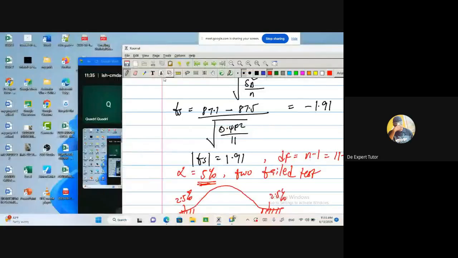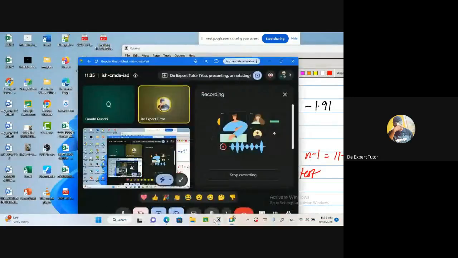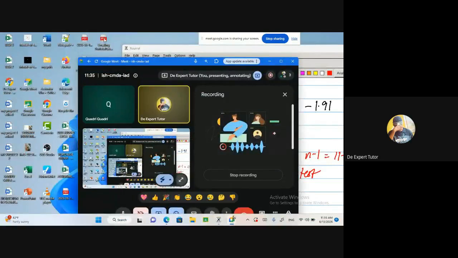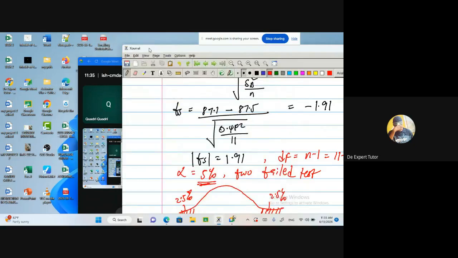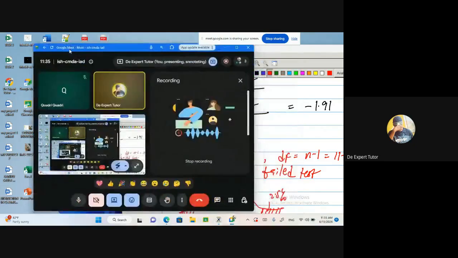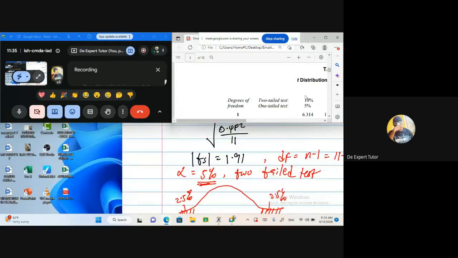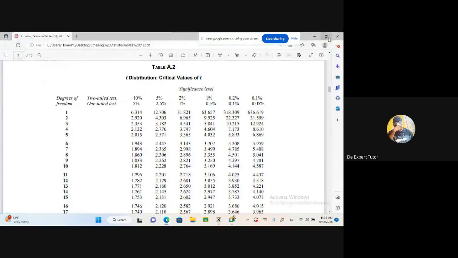Now let's minimize and go to our table. Let's open our table, please. Now look at my table.